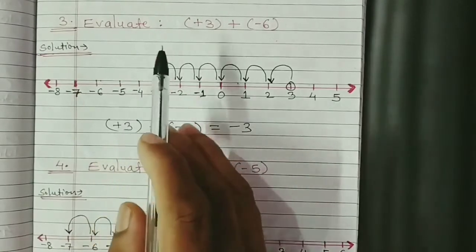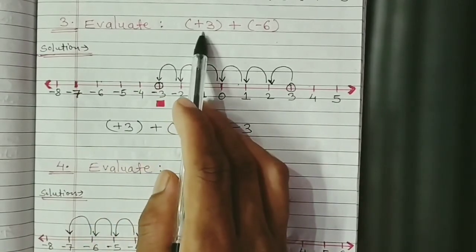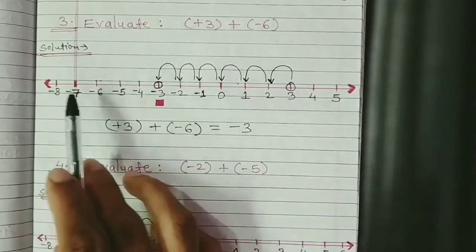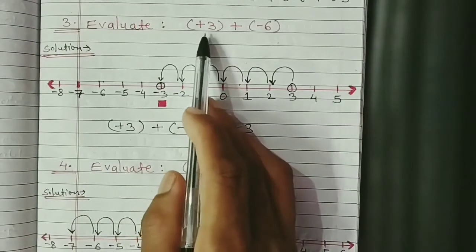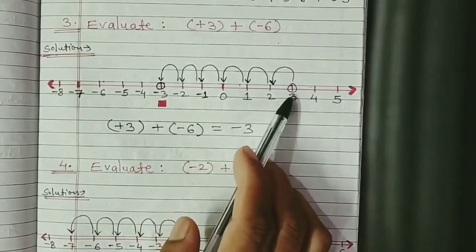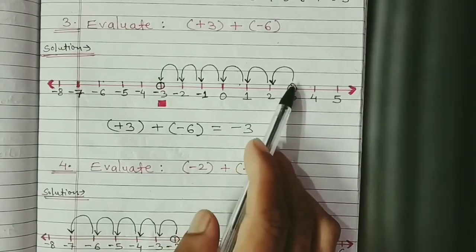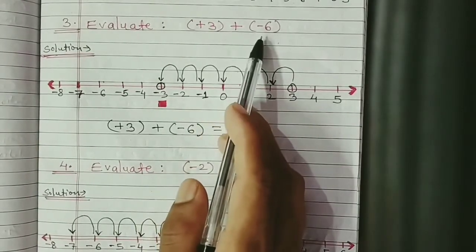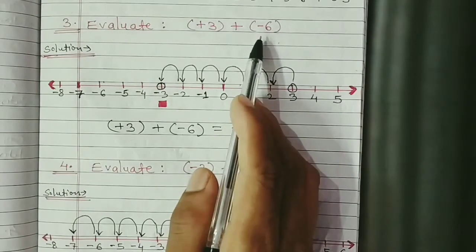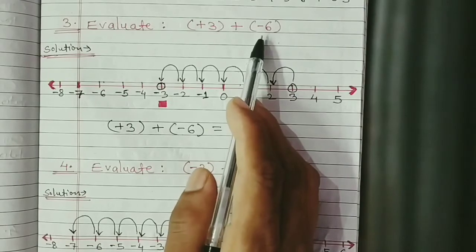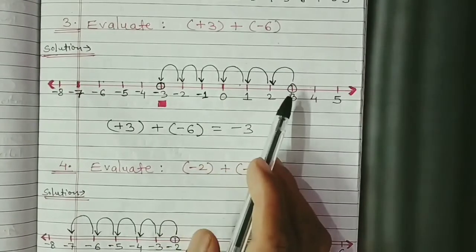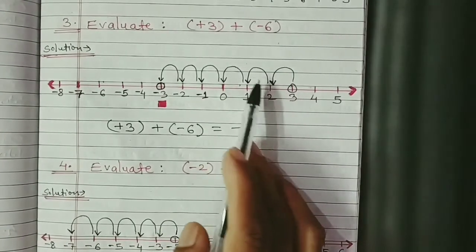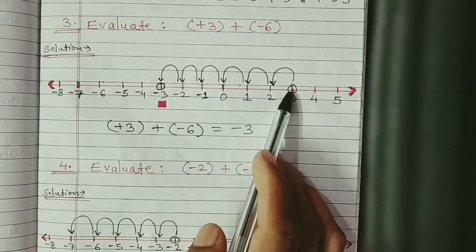Then I have marked this first integer, that is plus 3, on this number line. The integer that is plus 3 is in this place, so I have marked here. Then we are going to see the second integer, and the second integer is minus 6. And if the second integer is negative, then we are going to move towards the left side from this place.